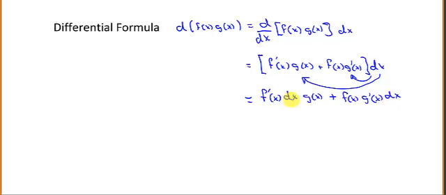And notice f prime of x times dx is df. And so we have df times g of x plus f of x times dg. The derivative of g times dx would be dg. So we have g times df plus f times dg.